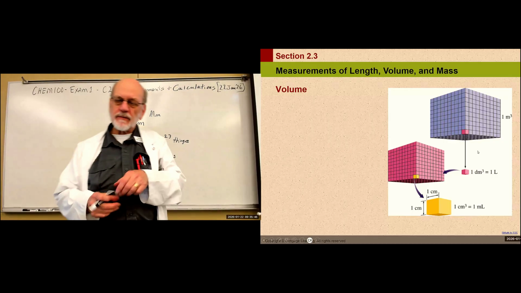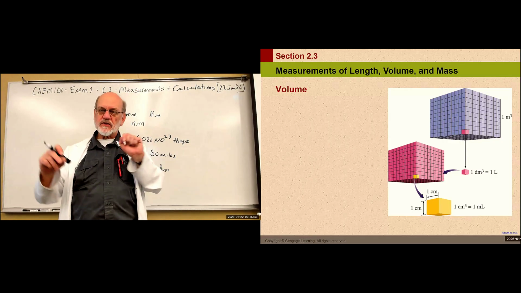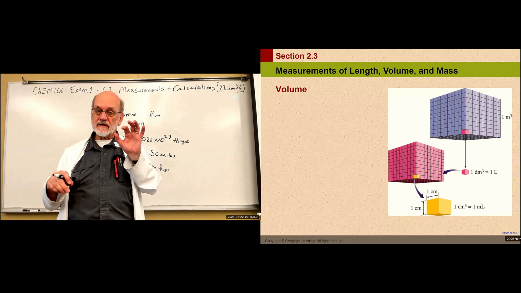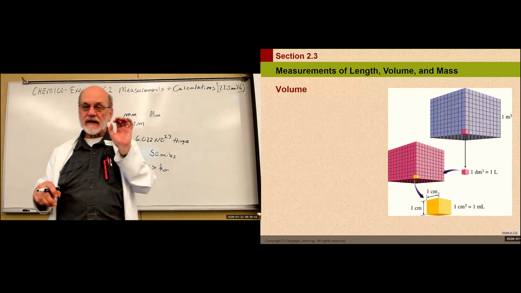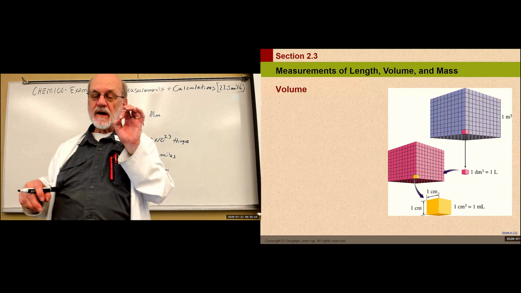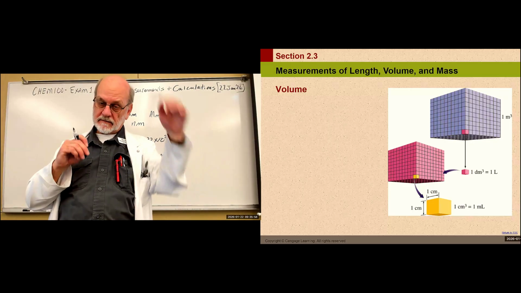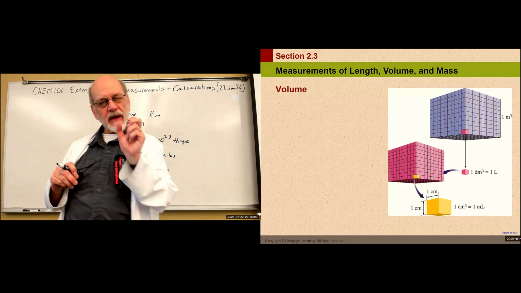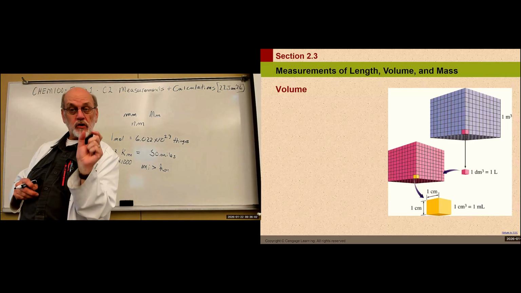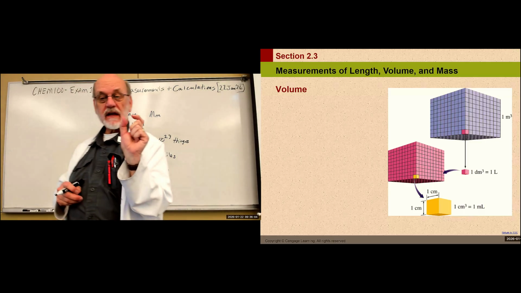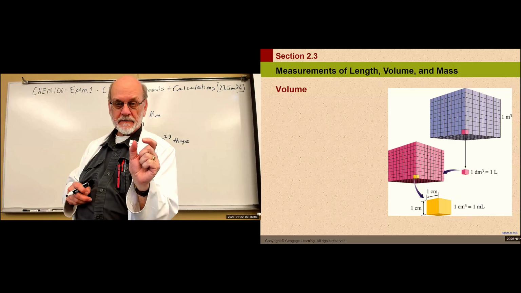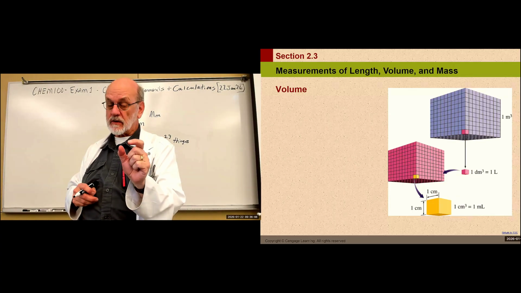If we subdivide each of the measurements, length, width, and depth, into 10 pieces, we get a decimeter on the sides. If we stop and look at 1 decimeter and cube that, we get a cubic decimeter. We give that a special value.